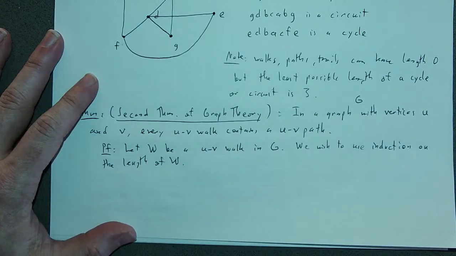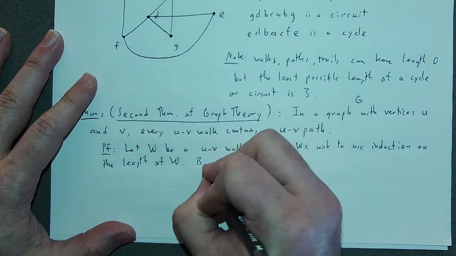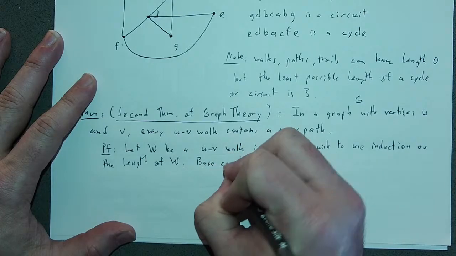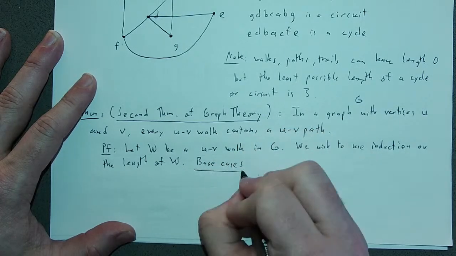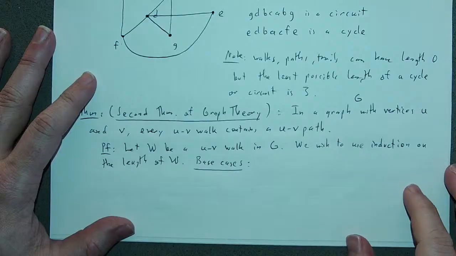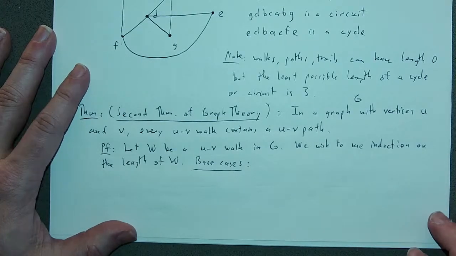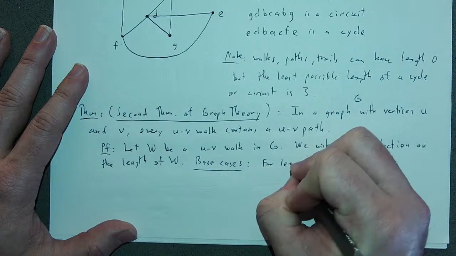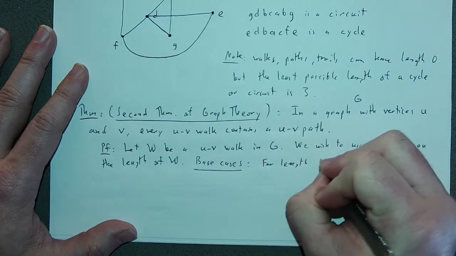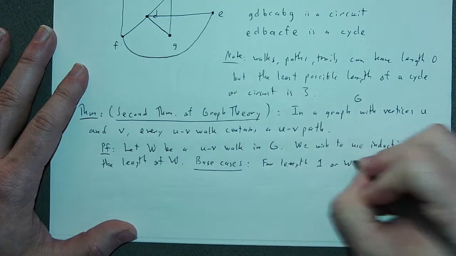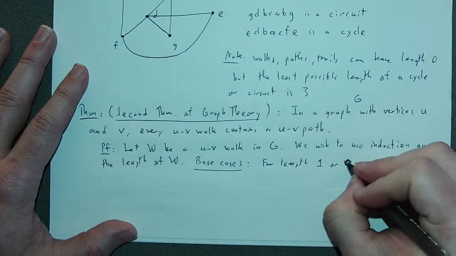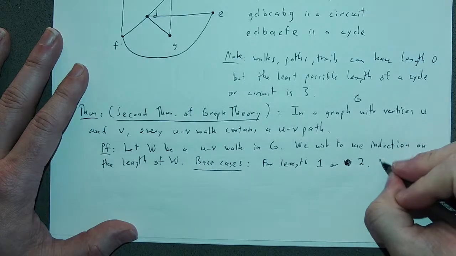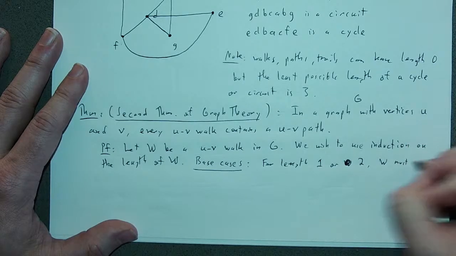Of course, if we consider as our base cases, you could think of a length 1 or length 2 walk. For length 1 or 2, W must be a path already.